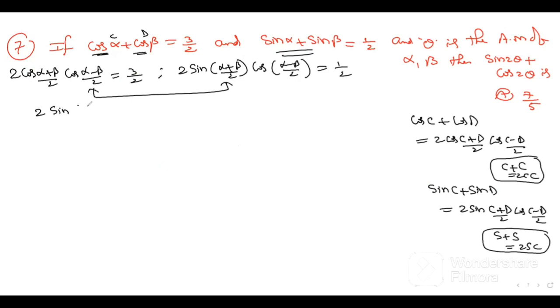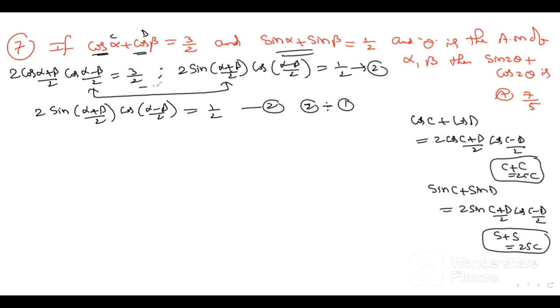2 sin of (alpha plus beta) by 2 into cos of (alpha minus beta) by 2 is equal to 1 by 2. This is the second equation. Divide the second equation by the first equation: 2 cos of (alpha plus beta) by 2, cos of (alpha minus beta) by 2 is equal to 3 by 2.